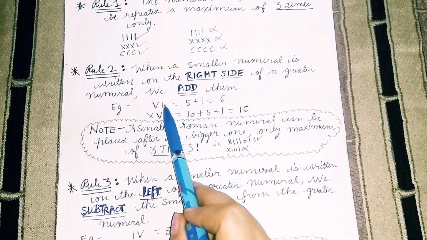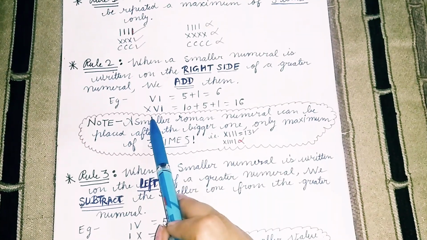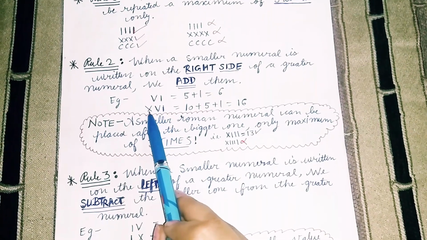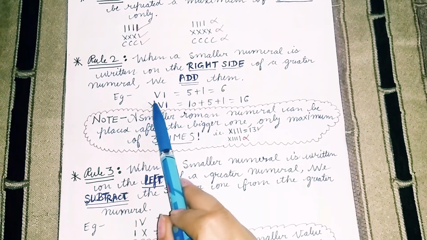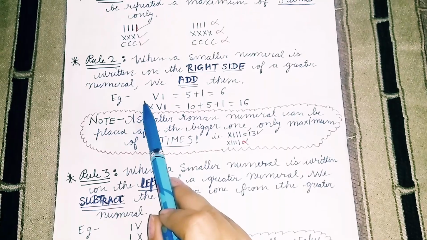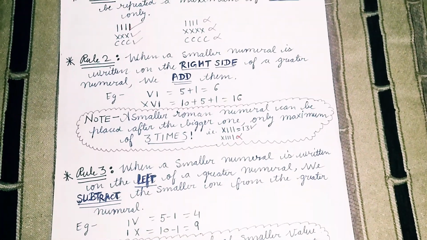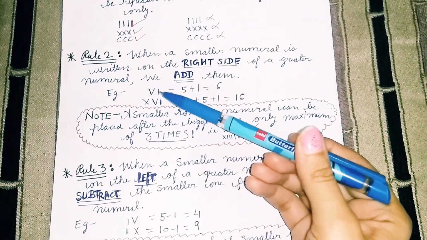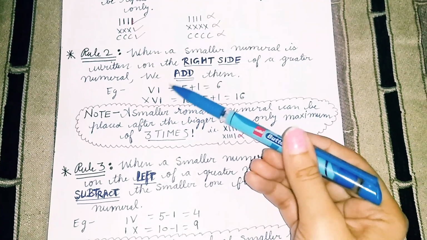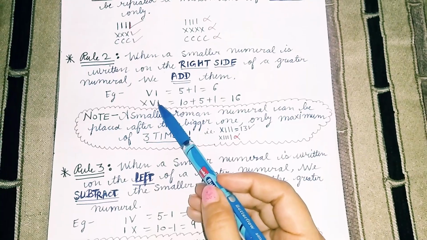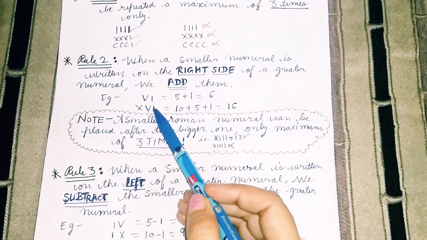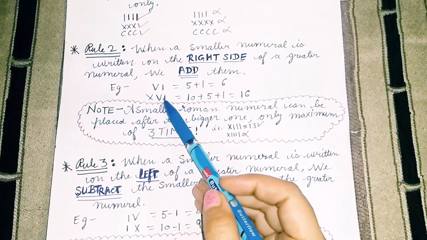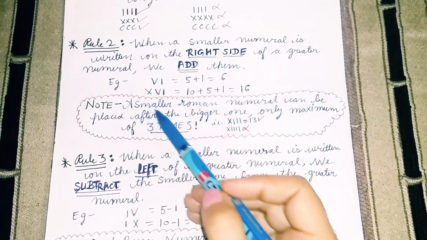You have added them. In the next example, XVI. Again you can see the value of symbol X is 10. Refer to your table also. You will have better clarity. The value of V is 5. The value of I is 1. Now you can see the symbol I is having a lesser value or a smaller value than symbol V or X, and it is written on the right side of the greater symbols.